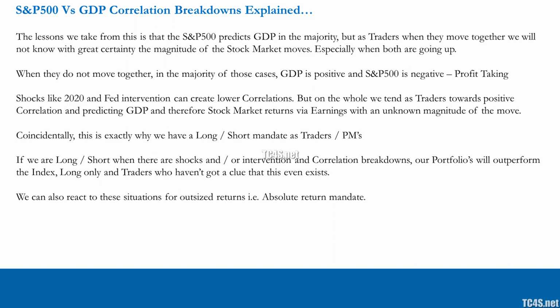We just want to make money in all scenarios. So we can also react to these situations. We can also predict these situations. So the situation, for example, with the 0-1, where we believe stock markets have become overextended, we can get neutral or short in our portfolios after having a long bias and make outsized returns for the absolute mandate.